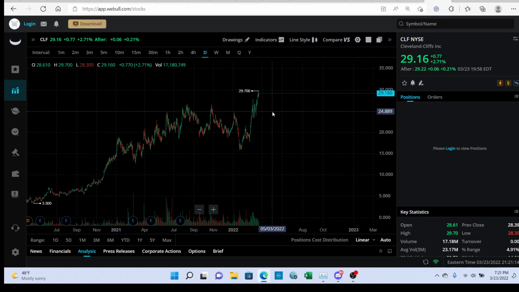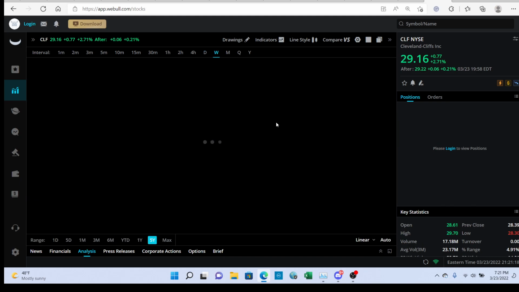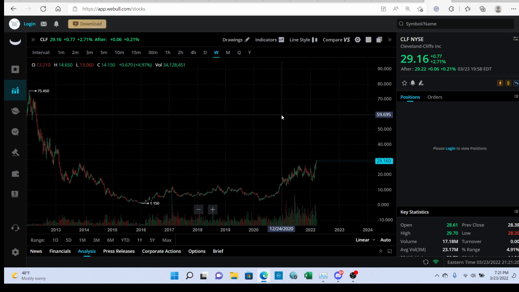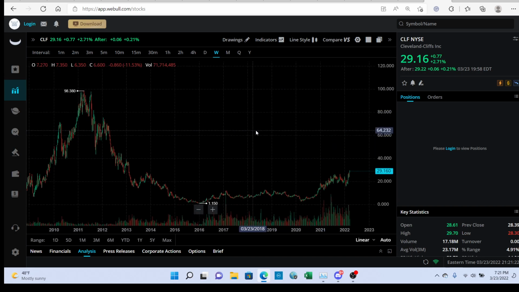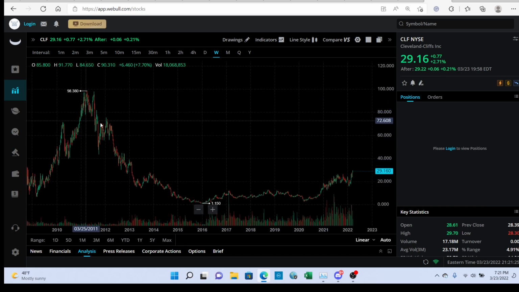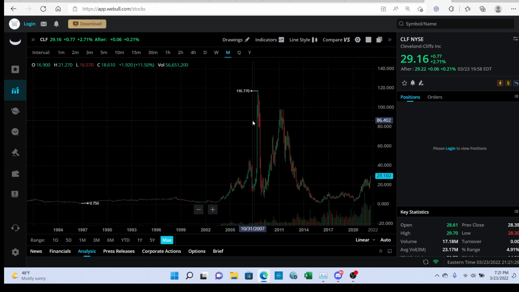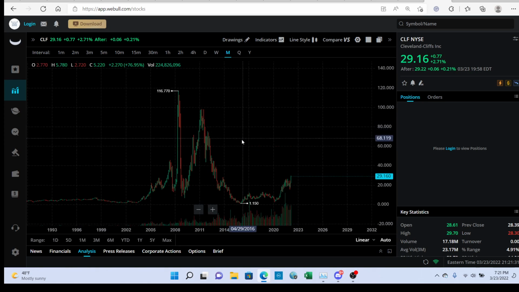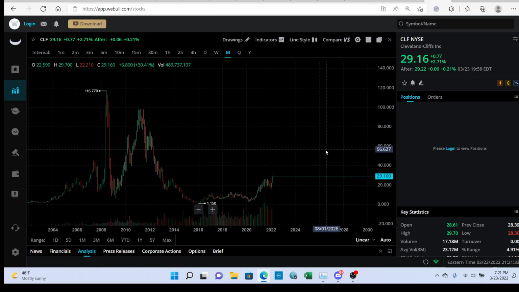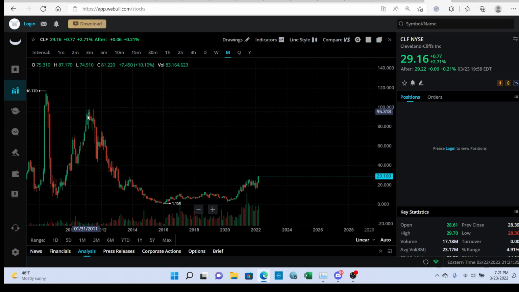Now, last ticker of the day, CLF. Zoom out, see what's going on here. Boy, what happened back here? Yeah, some crazy price action. Now, this does look like a massive cup forming.